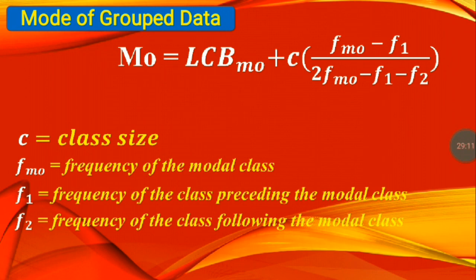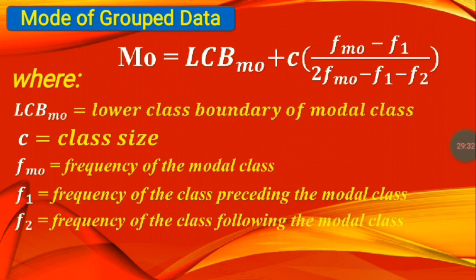C stands for the class size. F sub MO stands for the frequency of the modal class. F1 stands for the frequency of the class preceding the modal class. F2 is the frequency of the class following the modal class. Then we also have the lower class boundary of the modal class.